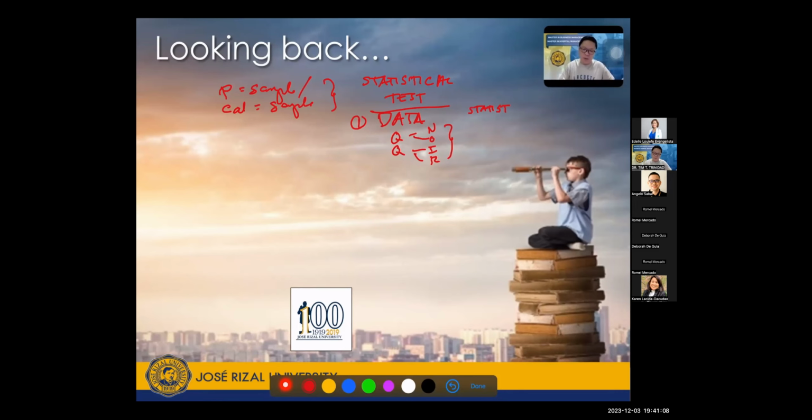In statistical tests, there are two types. We have the parametric and the non-parametric. You still remember this? Yes, sir. Your interval and ratio data are for parametric tests.